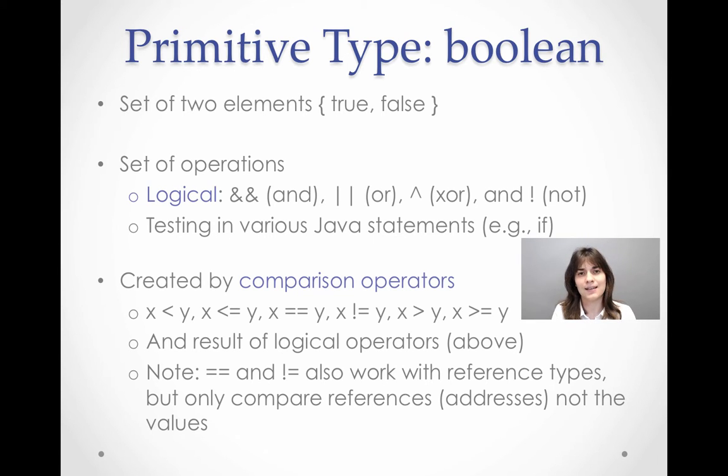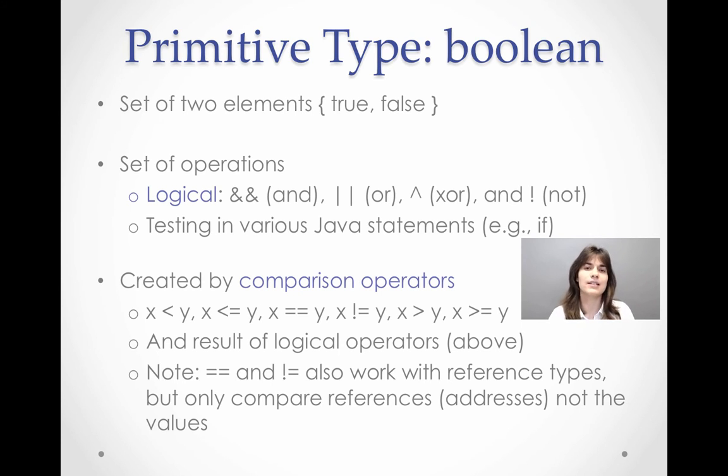Finally, it's a very important note, but we will talk in detail about it a little bit later. This is just a hint here, which says that when we use the double equals or the different than operators on reference types, this is still valid. We're not going to have any mistakes, any compile time or runtime mistakes.